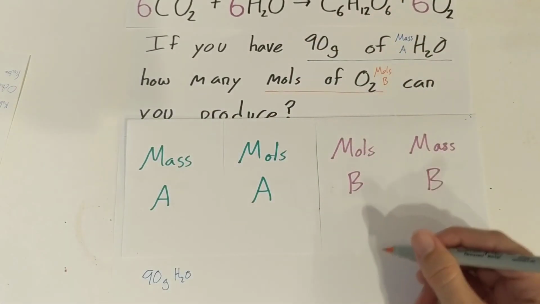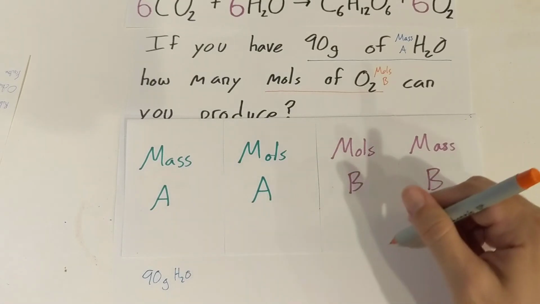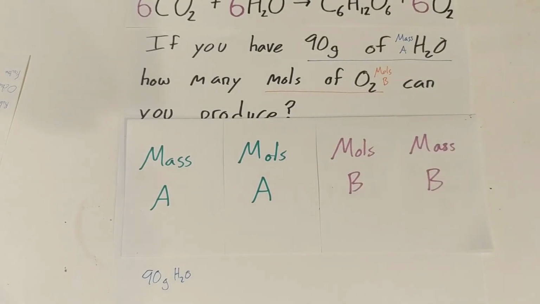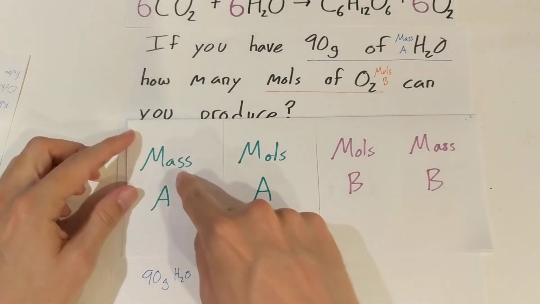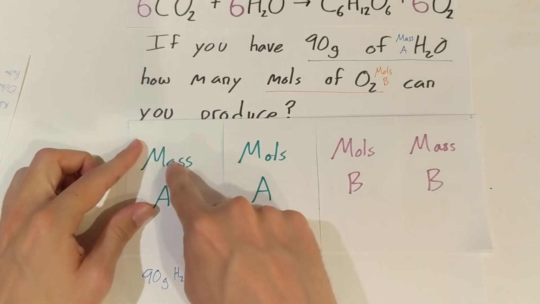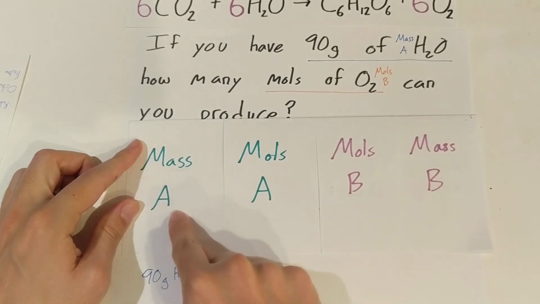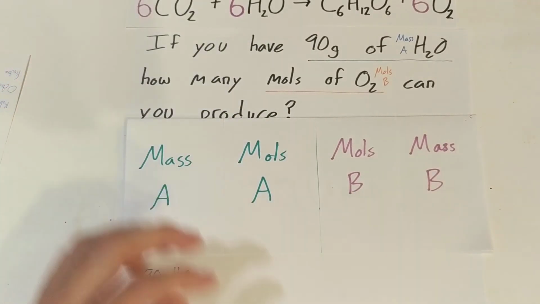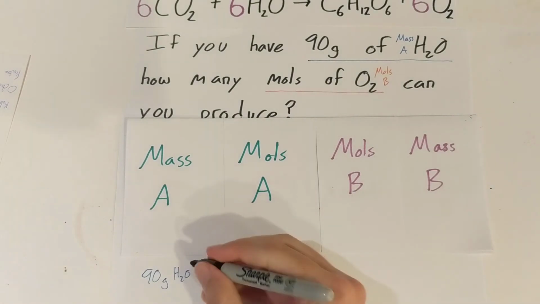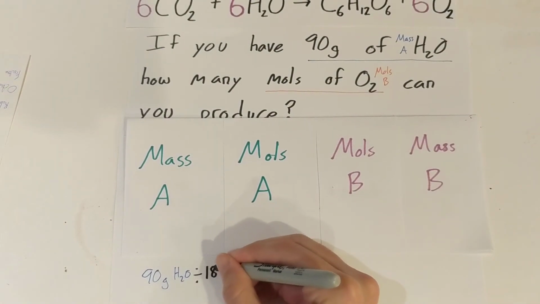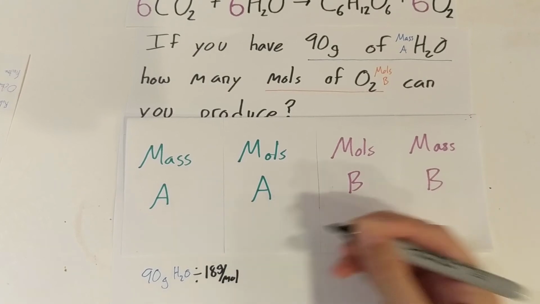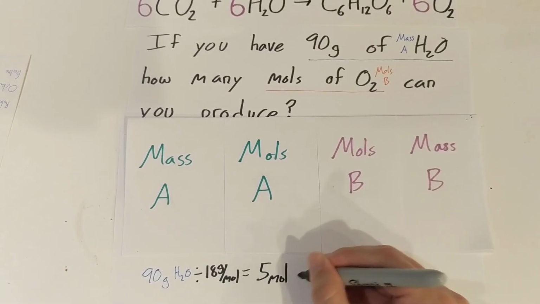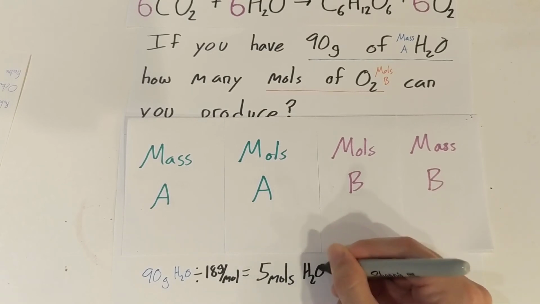So we're ending here now. So we're just going to do 2 steps here. We don't got to do that last step where we got to convert to mass. So our first step is to go from mass of water to moles of water. So again, just divide by that molar mass, which is 18 grams per mole, which would give us 5 moles of water.